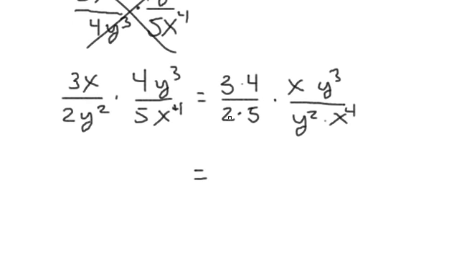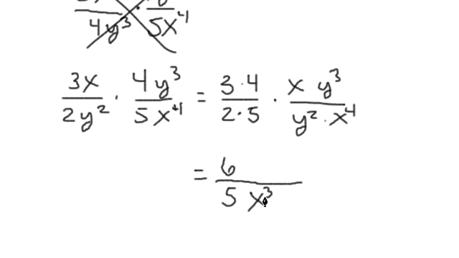Well, 2 goes into 4 2 times, and 2 times 3 is 6. So we're going to be left with a 6 here. We have 1 x and we have 4 x's in the denominator, so we can cancel this x out and we'll just be left with 3 x's in the denominator. I'm going to write that 5 right there.